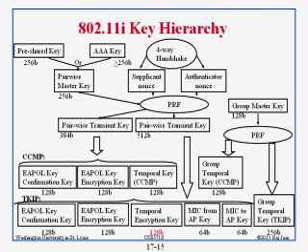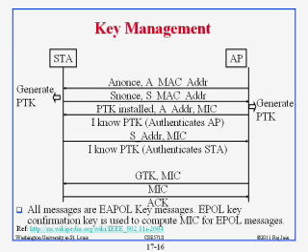There are many keys here. The book has a table of these keys and their lengths and everything else. But notice there is a PRF, pseudo-random function. We'll talk about what that PRF is.